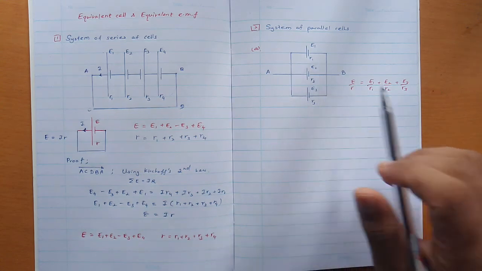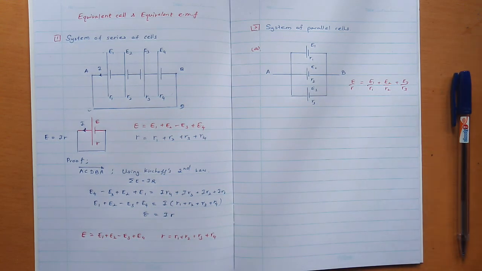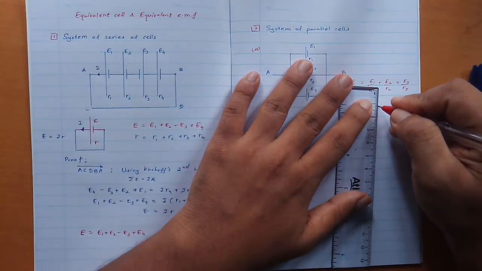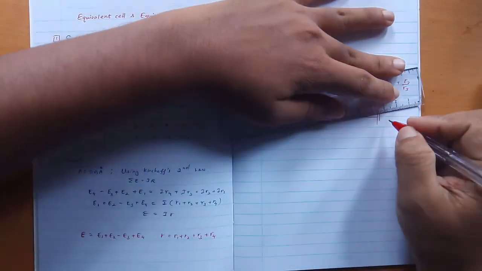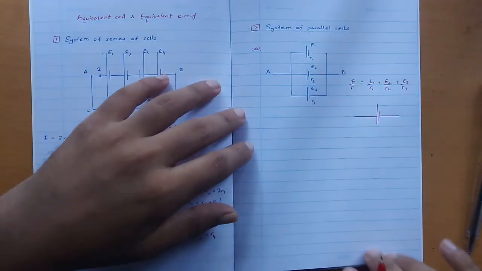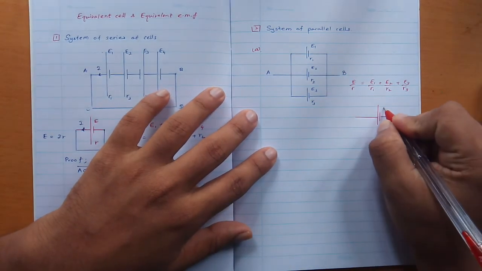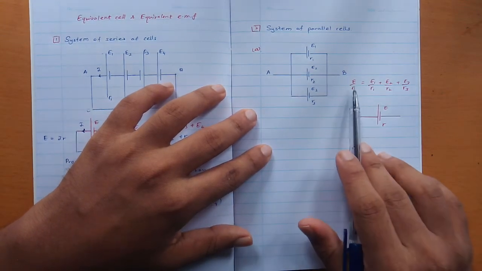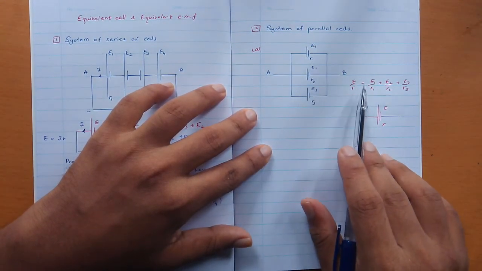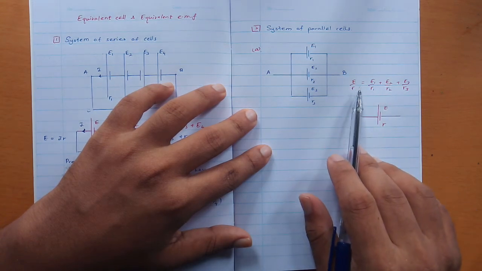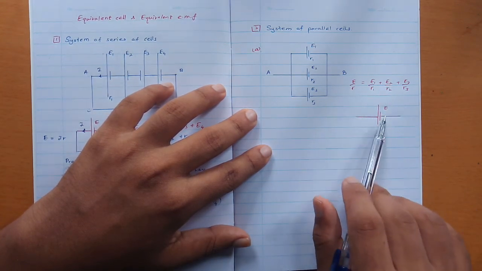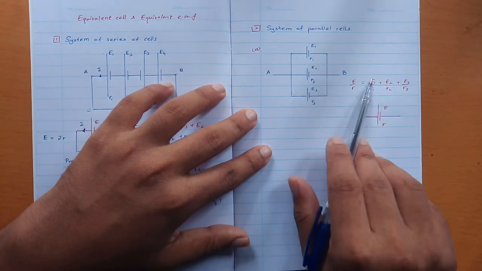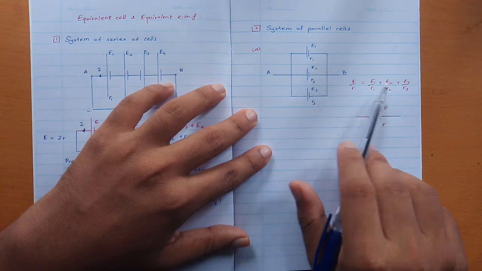And here, if we consider the equivalent battery, let's say this is the equivalent battery, having EMF E and internal resistance R. Then the EMF is related as E over R, the EMF of the battery divided by the internal resistance of the equivalent battery, equals E1 divided by R1 plus E2 divided by R2 plus E3 divided by R3.